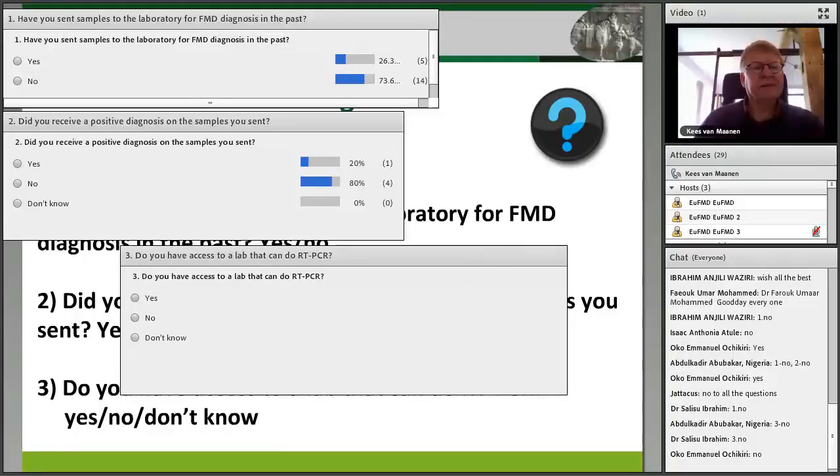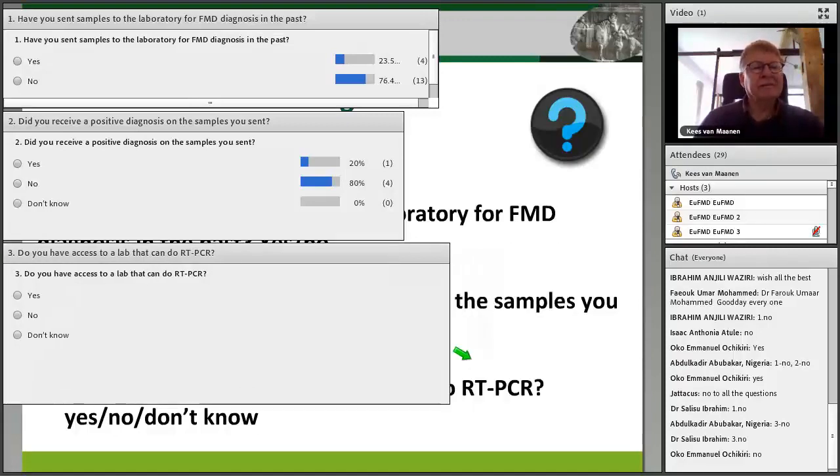So this is not surprising, but most of you, those that did send in samples, did not receive a positive diagnosis. So that can be that it was another disease. It can be that there are limited testing options in the lab.